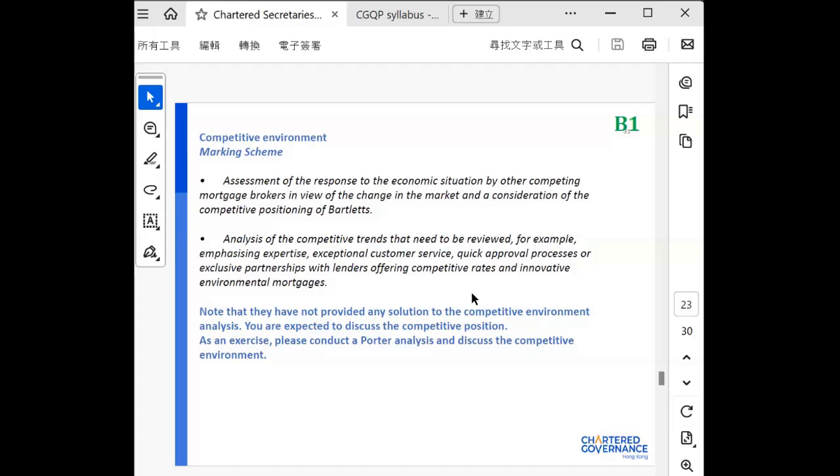Bargaining power of the buyers is high. They can compare the mortgage products and switch providers because of the increasing online information. So people can look at the information and choose the product easily.